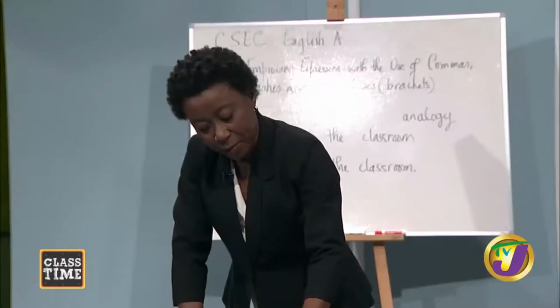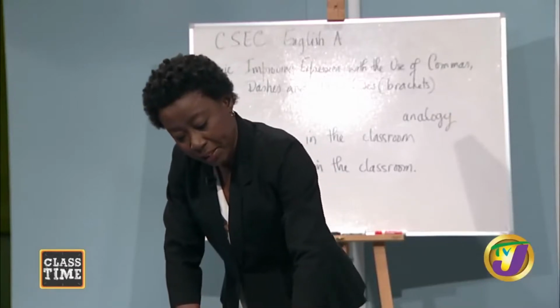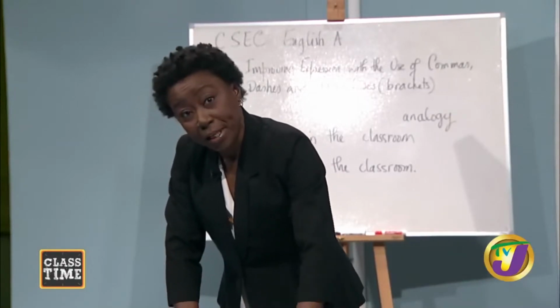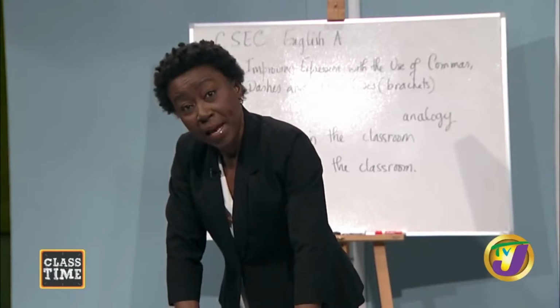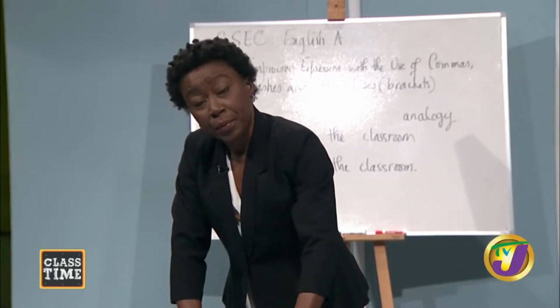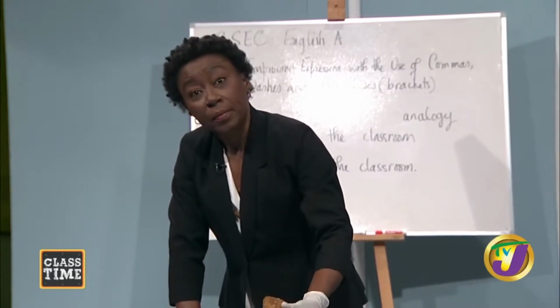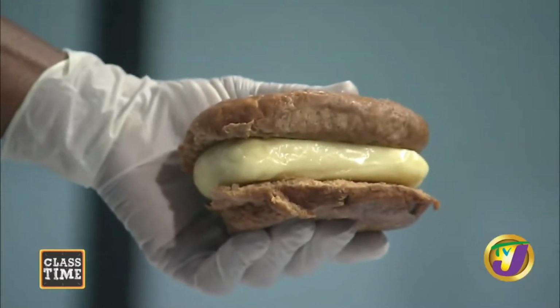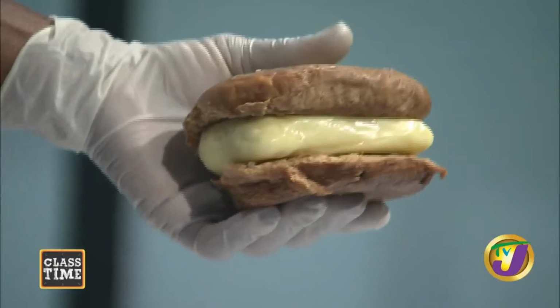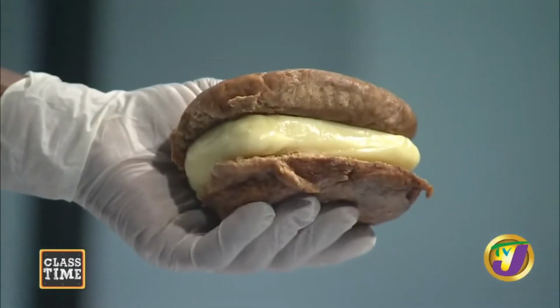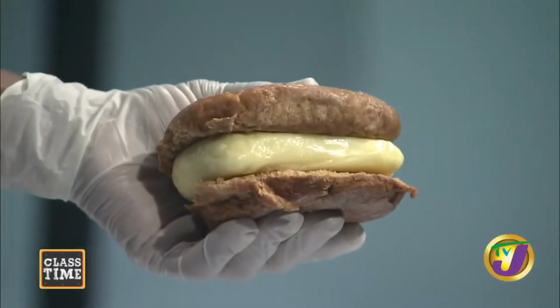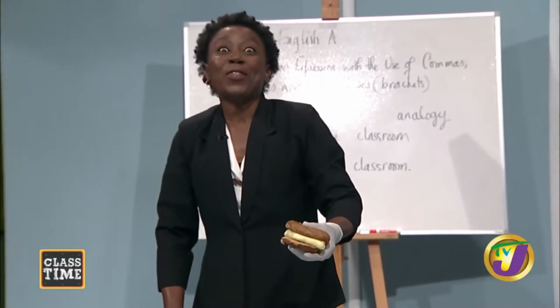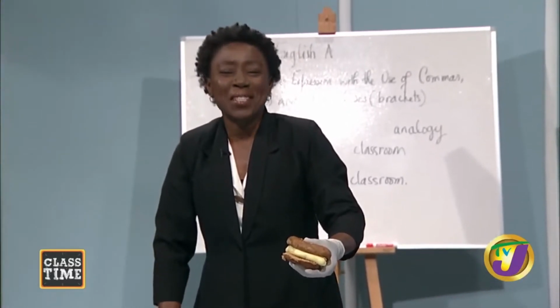So I add the cheese for convenience inside of the bun. A sentence is like a bun that is ready to be eaten. And when I add cheese to the bun, it's like adding something additional to the sentence. An additional thought goes into the sentence. And we call that thought parenthesis.